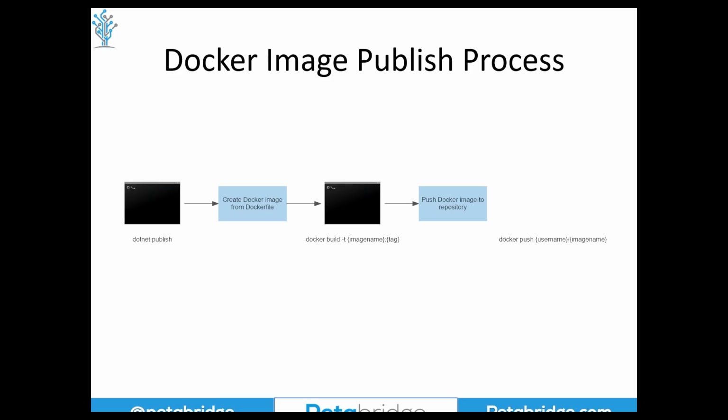At that point, we have to push that Docker image to our repository, just like uploading a NuGet package. We use the Docker push command, having logged in to our private repository, and we use the name of our organization and push the image name up, and that'll push all the private Docker images up to our repository.